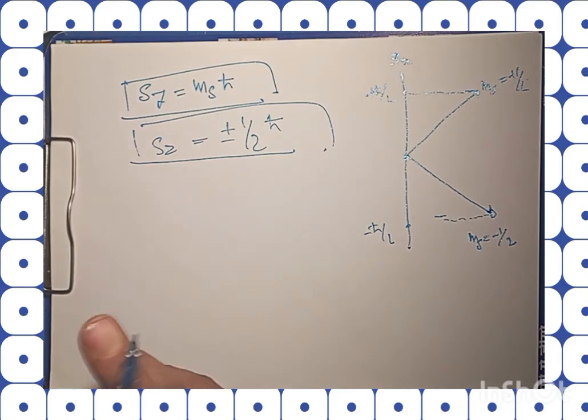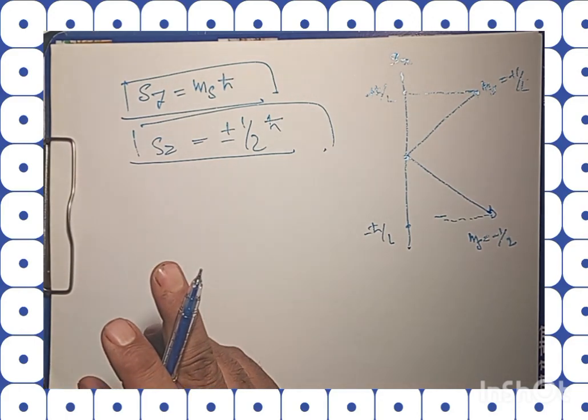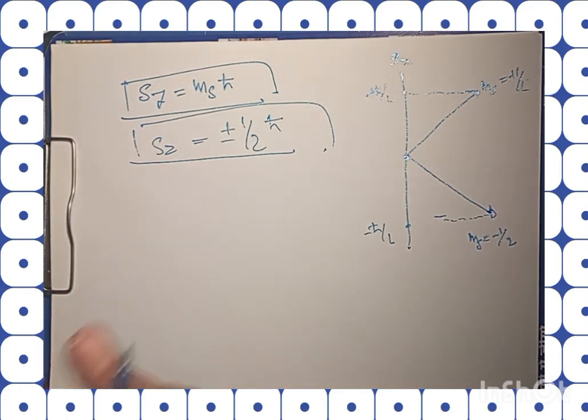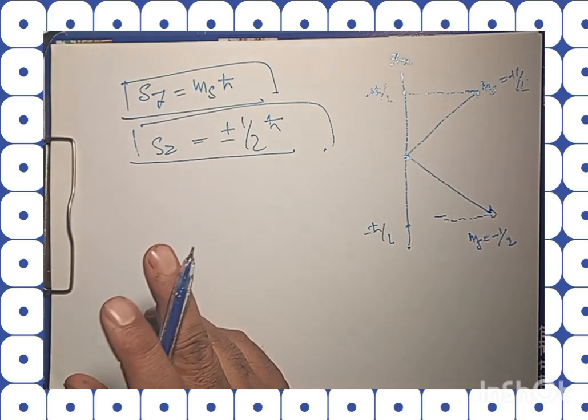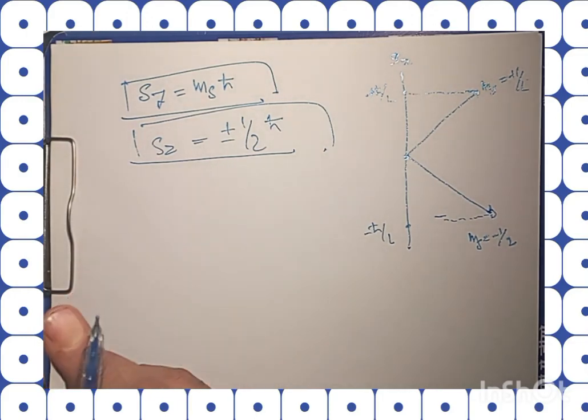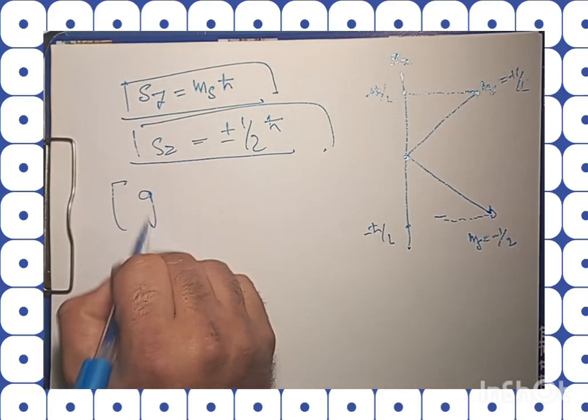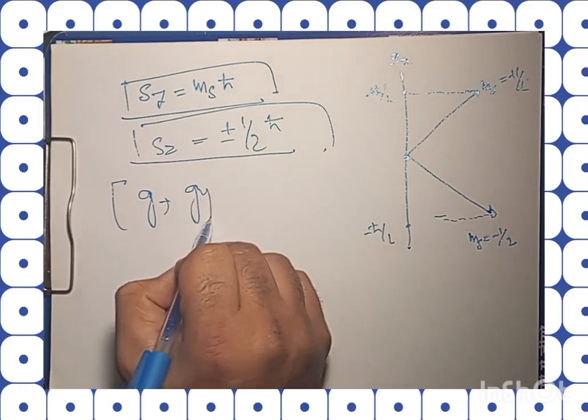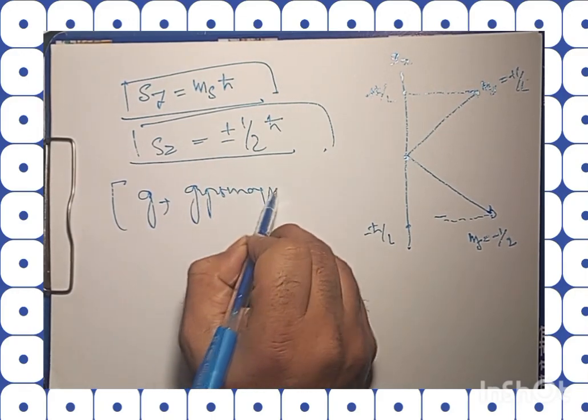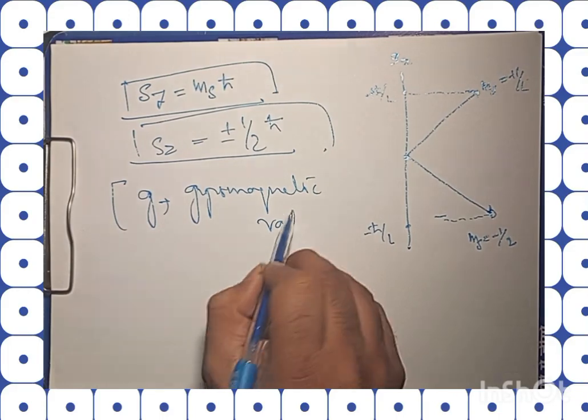If we rightly remember, when we talked about the orbital quantum number and discussed the Zeeman effect, we introduced a symbol G, and this G refers to the gyromagnetic ratio.